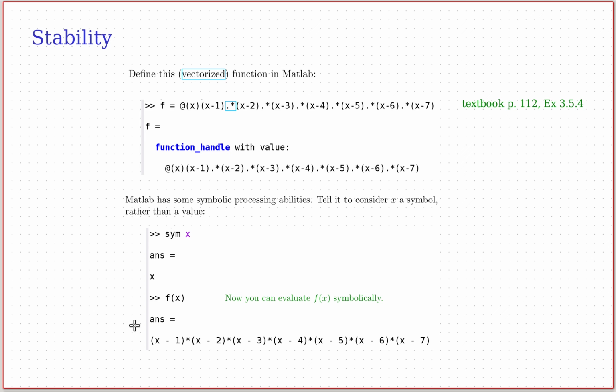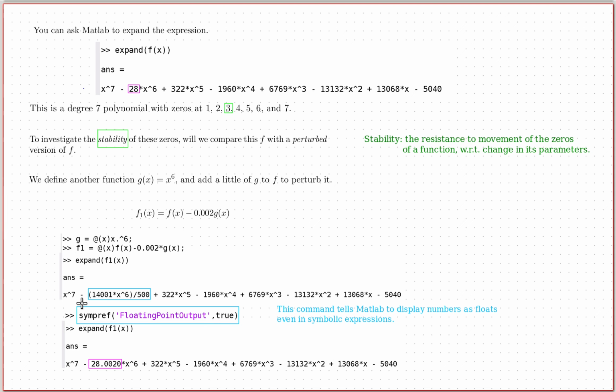I can ask MATLAB now to multiply them all out and to write it as a standard polynomial where you have the powers of x, and each power of x has its coefficient. The way you do that is you use the built-in MATLAB function expand. So I say expand f of x, and it will multiply everything out and give you this. So that's a polynomial in standard form.